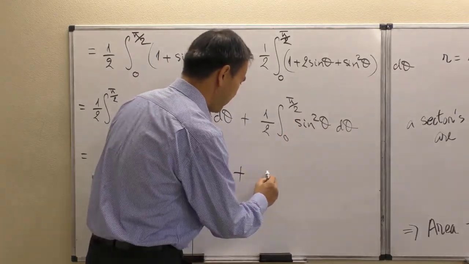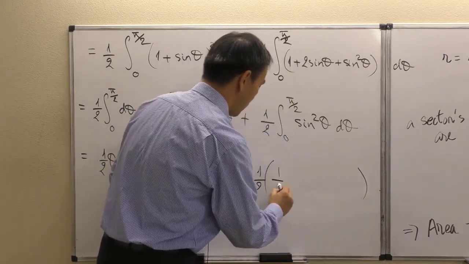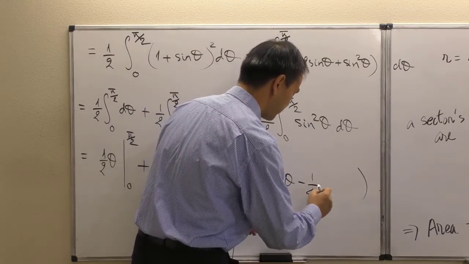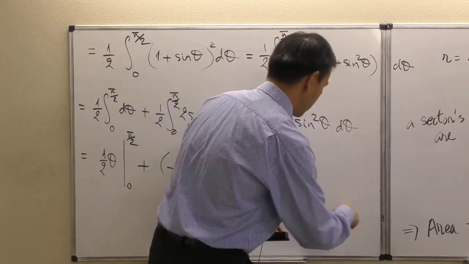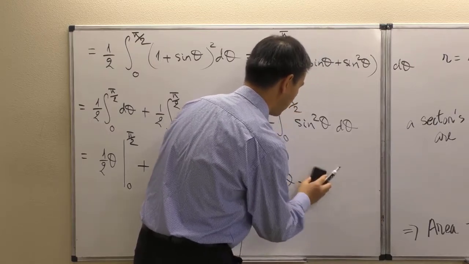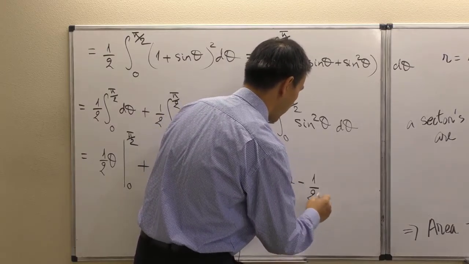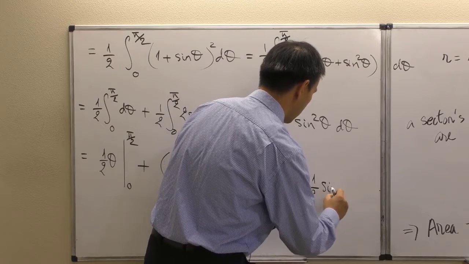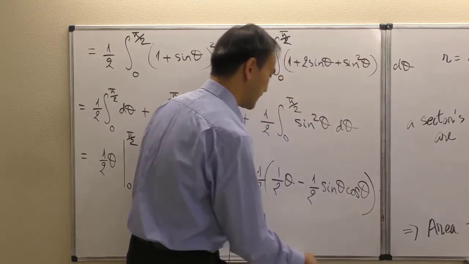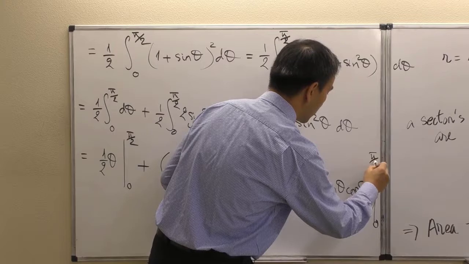So it's a 1/2, but then the antiderivative of sine squared is going to be a 1/2 theta minus a 1/4 times, it should be, a 1/2 times sine theta cosine theta. Okay, that's the antiderivative for that. And then we are going to evaluate this from 0 to pi over 2 again.